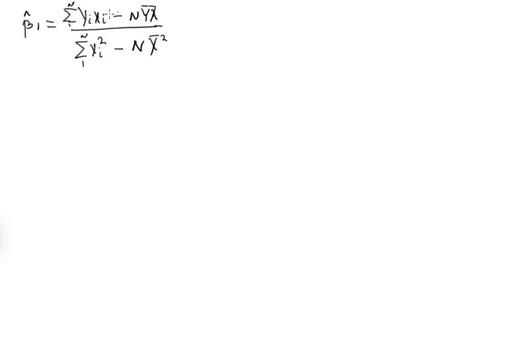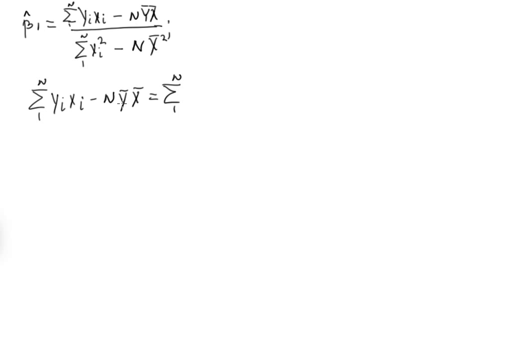Now I think we can simplify both the numerator and the denominator. Let's start with the numerator first. This would be the sum of yi xi minus n y bar x bar. I'm just copying this again. Now let's do a simplification. A little bit of simplification gives us some flexibility.